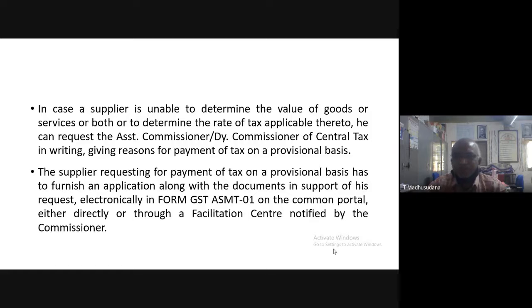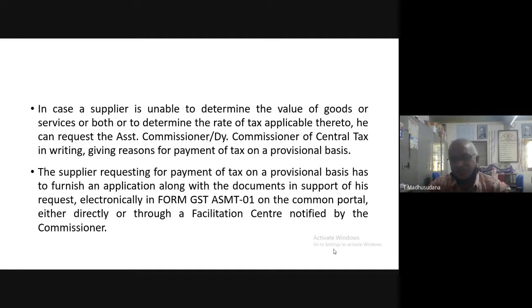So the supplier first has to make an application to the GST officers. Along with the application, he has to submit the documents in support of his request electronically. That means the application is to be made on the GST portal only.